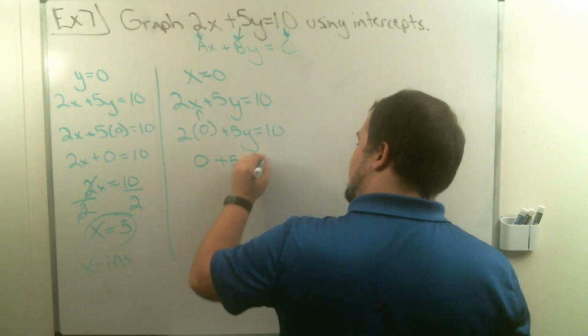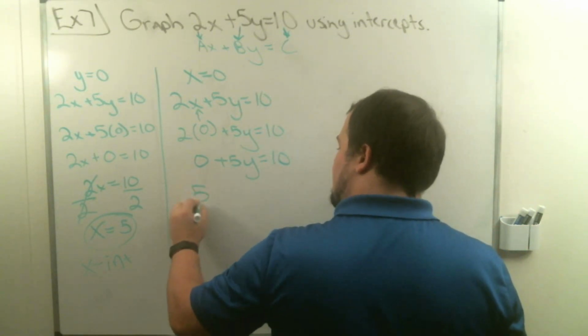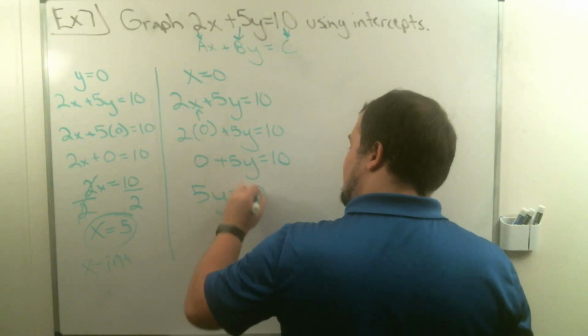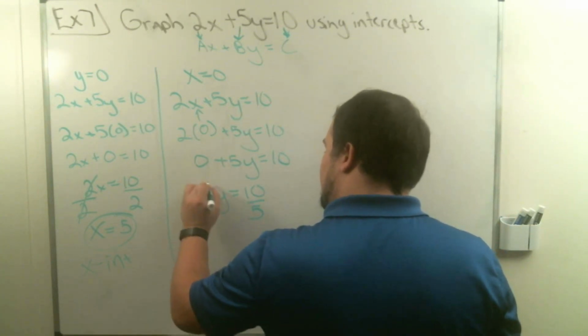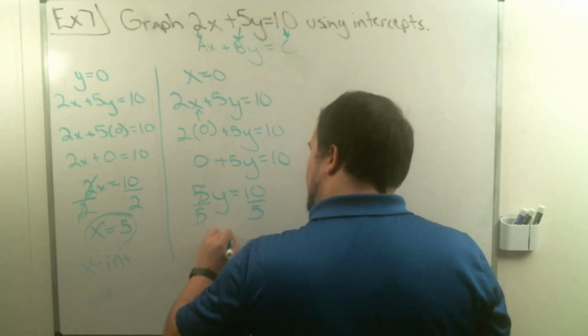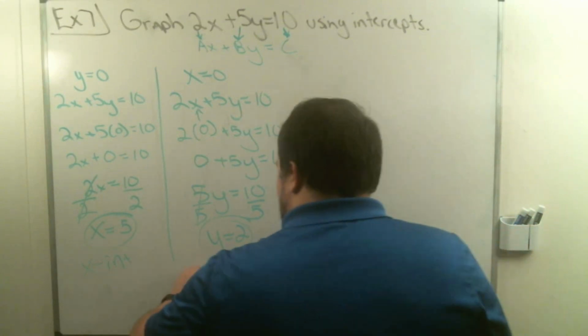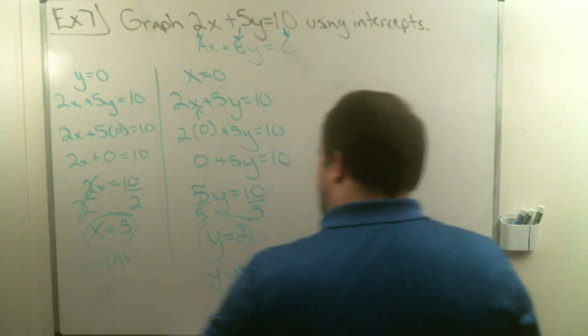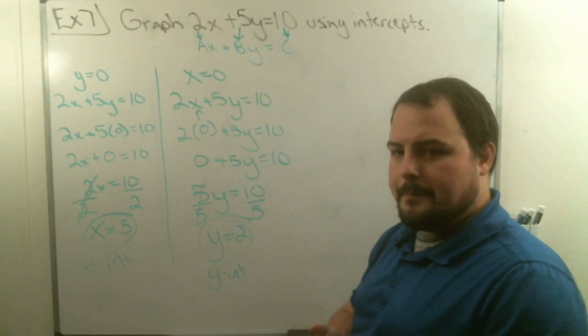So we have 0 plus 5y equals 10. 0 plus 5y, that's 5y. And to solve for y, we're going to go ahead and divide by 5, and we get y equals 2. And the y equals 2, this is our y-intercept. And I know that this is my y-intercept because x is equal to 0.